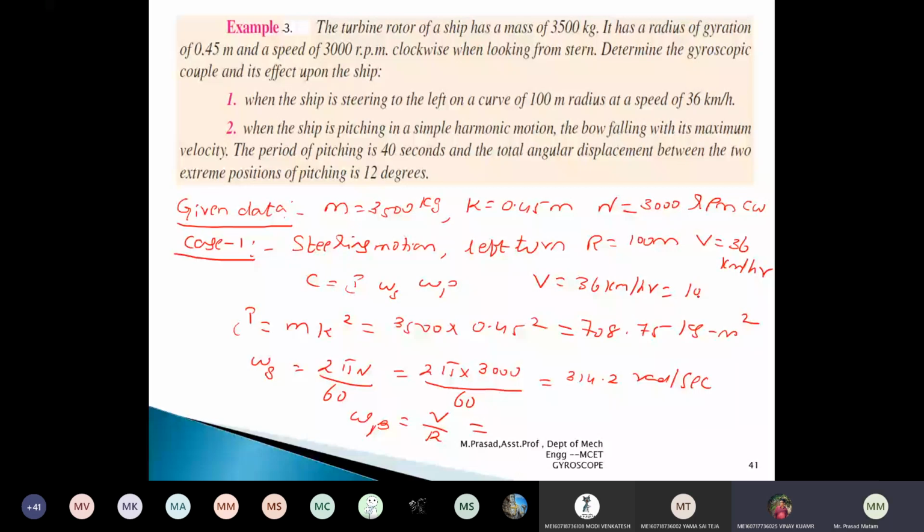Multiply with 5 by 18. You are getting the answer 10 meter per second. Now velocity is 10 meter per second and radius is 100 meter. What is the answer we are getting? 0.1 radians per second.